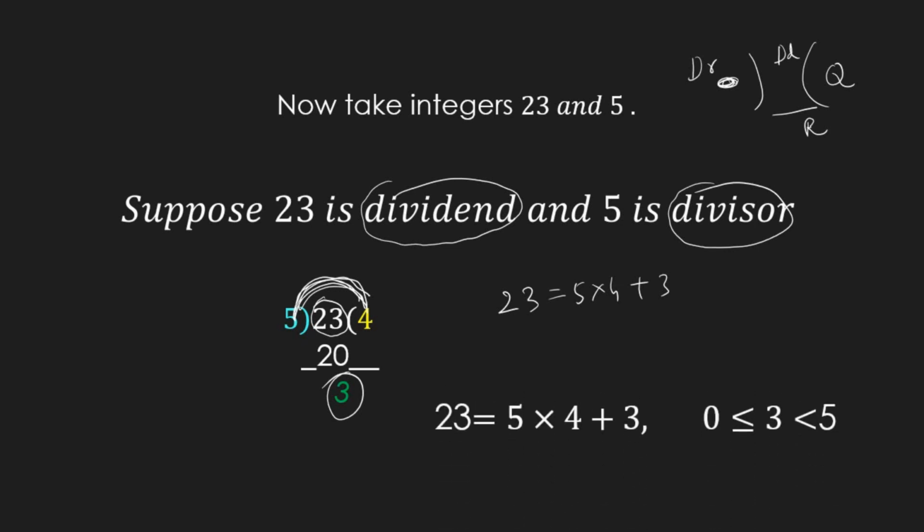Indeed, the thing left as the remainder is always less than the divisor, right? This 3, sometimes we get 0 as remainder, but whatever we get as remainder must be less than the divisor. That's what I wrote here. Either we get remainder 0, or the remainder we get must be less than the divisor.